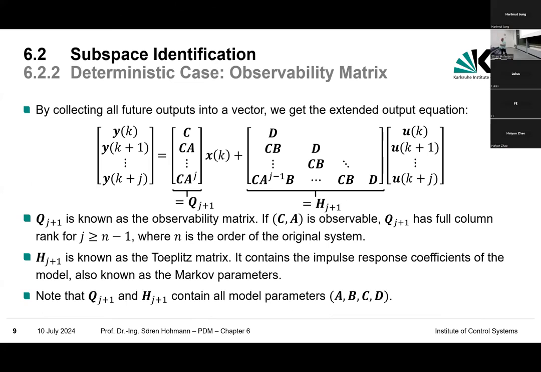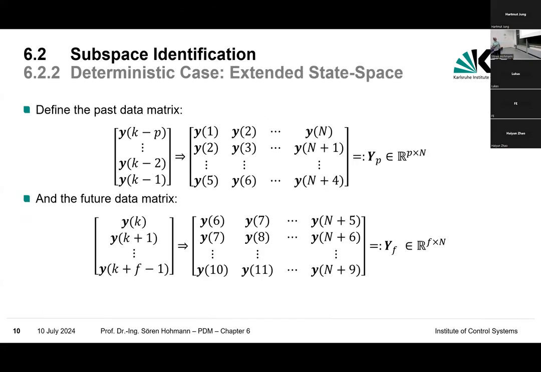So the question is, is it possible to get this subspace, which is responsible for describing the entire dynamics? And the wonderful answer is yes. It's possible, and I want to show you how we do that.